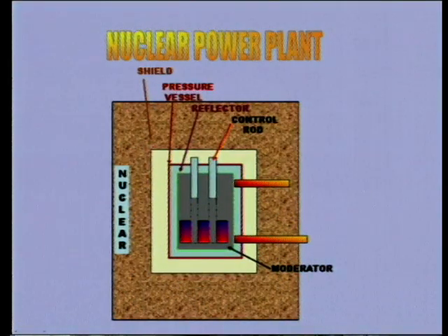The shield, as we have seen, is protected from the heat that is generated in the reactor by the help of the pressure vessel. So, the shielding, as we have said, is made up of steel and concrete, which effectively absorb the radiations. Okay.